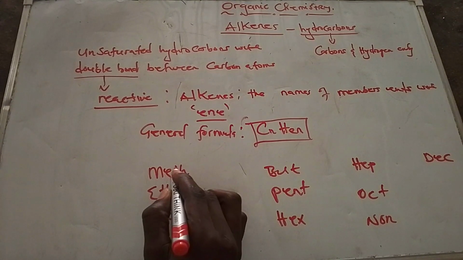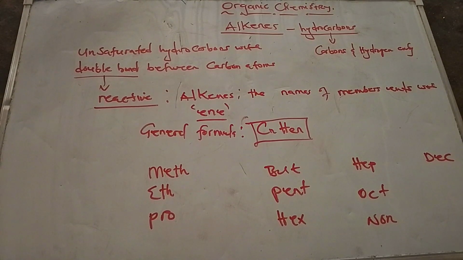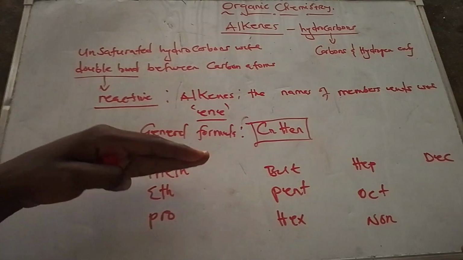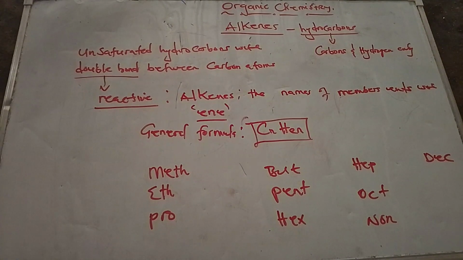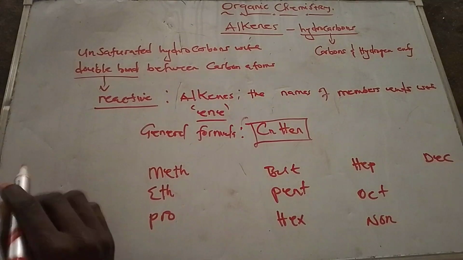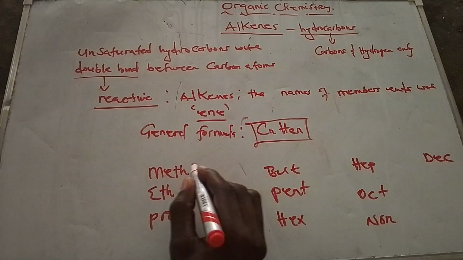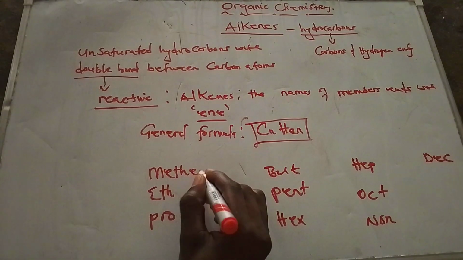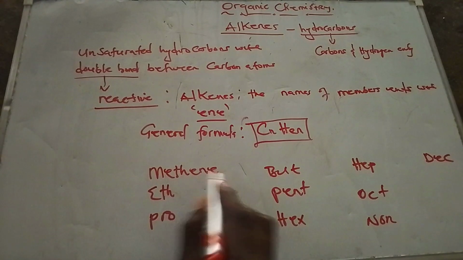So these are the prefixes for all the organic families. An organic family has members. This is a family, and it contains these members. Since these are alkenes, we put ENE at the end. Then I'll explain about this one, don't worry.